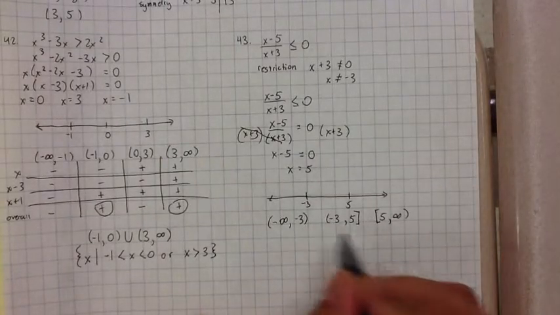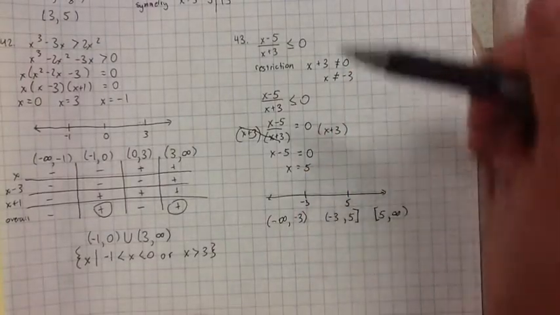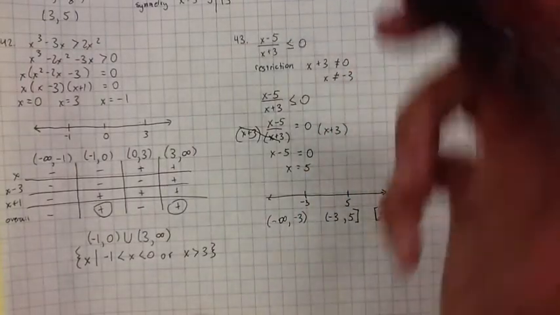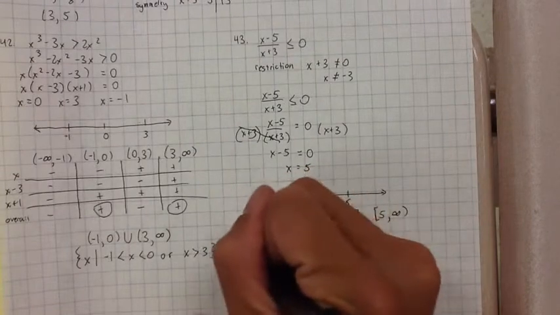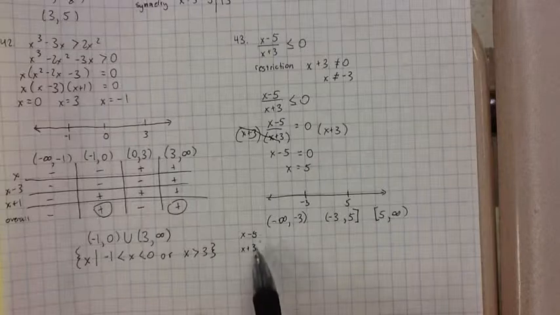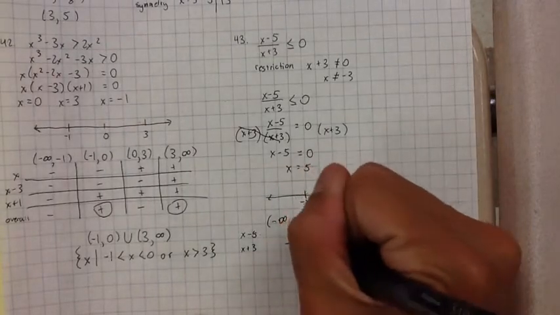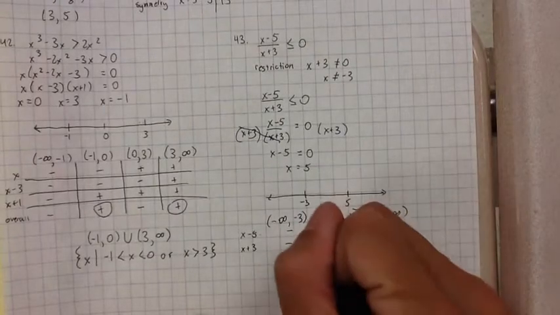I can simply just plug in a number into any of these 3 ranges into my original equation up here, or I can do it the way that we did the previous problem. If I have x minus 5 and x plus 3, -4. If I put that in there, I get a negative, a negative, 2 negatives make a positive.